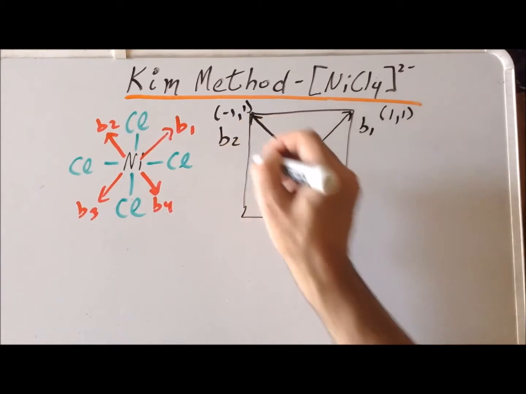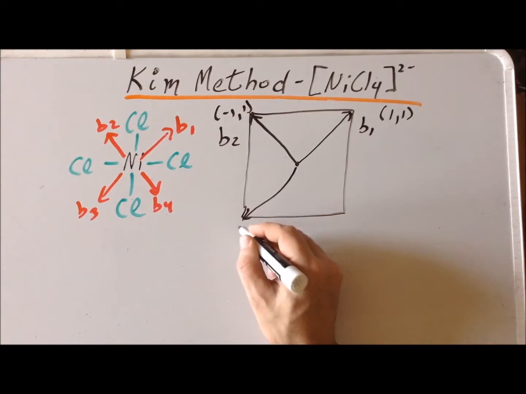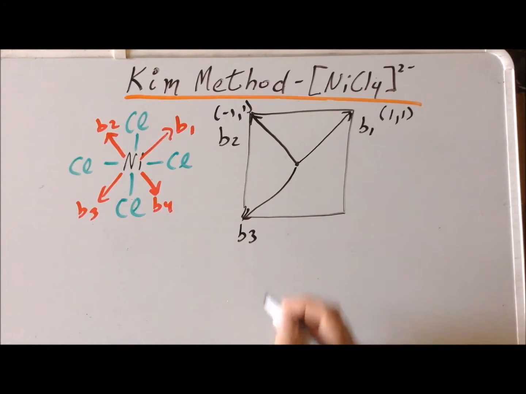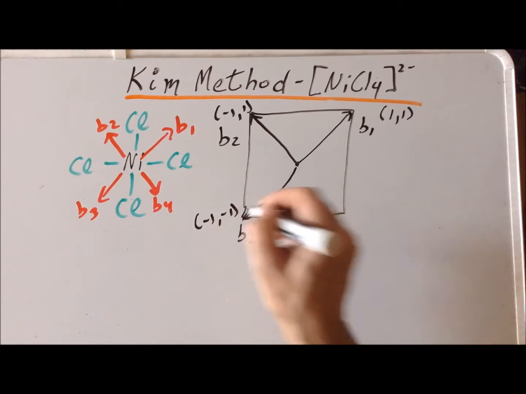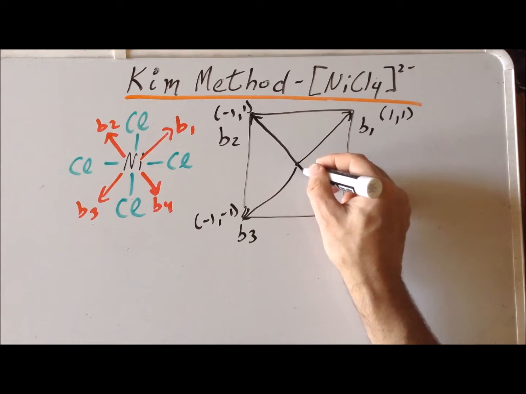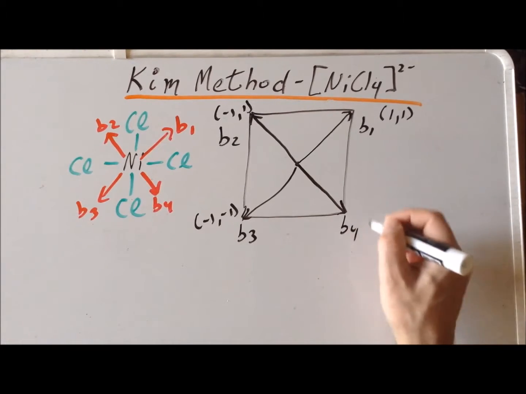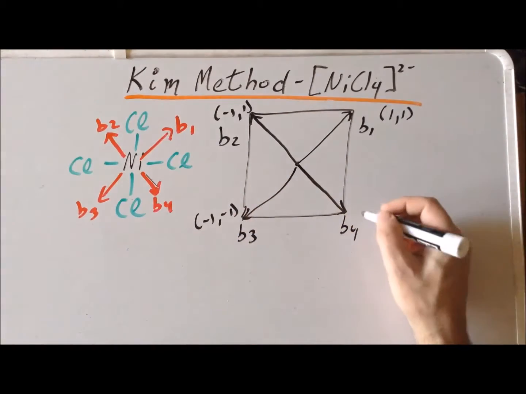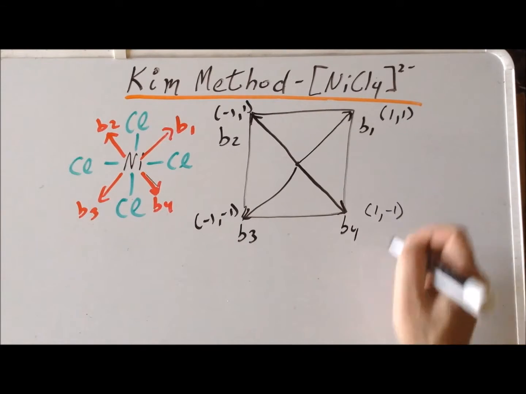The vector here, this is B3. The coordinates of this particular point are going to be -1 and -1. And last but not least, we have the last bending motion, B4, this bisector here, and we refer to this by the points 1 and -1.